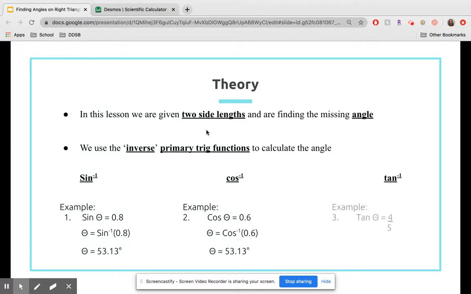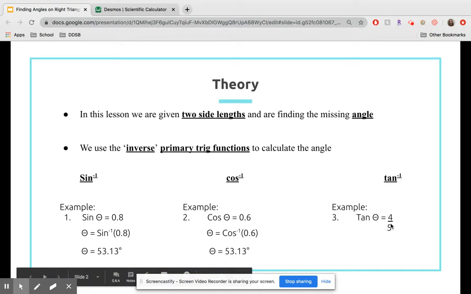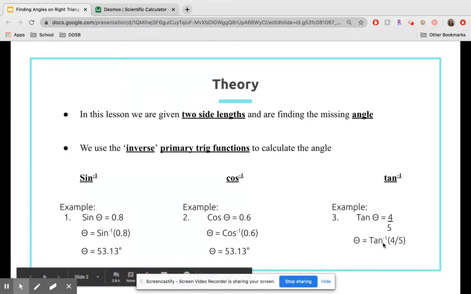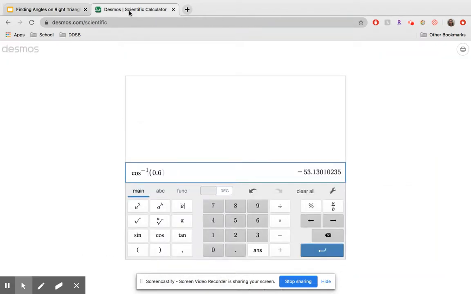And then a tan example, so I have tan theta equals 4/5, so it's going to be a fraction. How do we enter that? Well, first we need to do tan theta, tan inverse is going to be 4/5. So we're going to put that into the calculator.